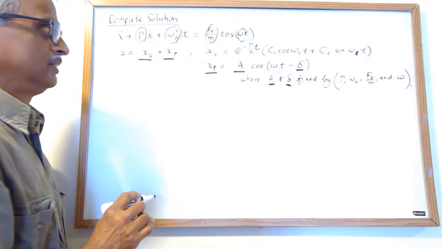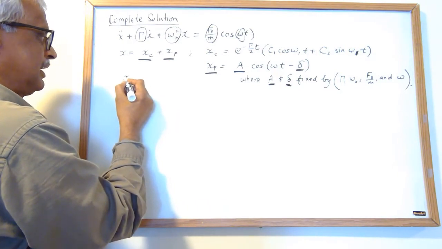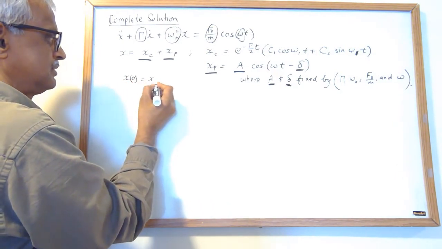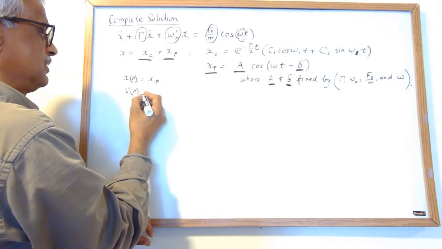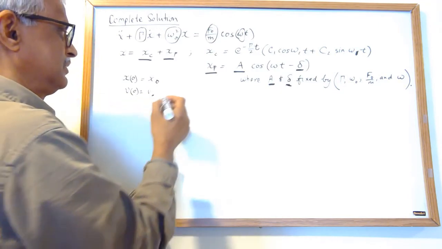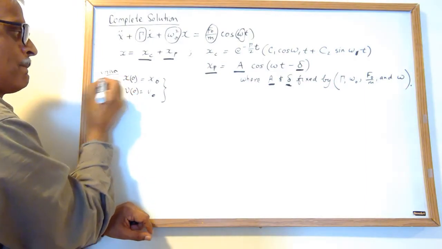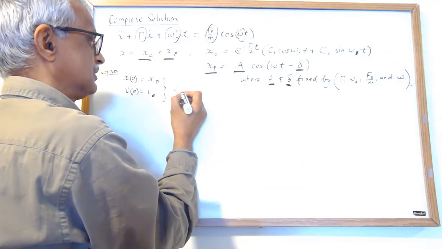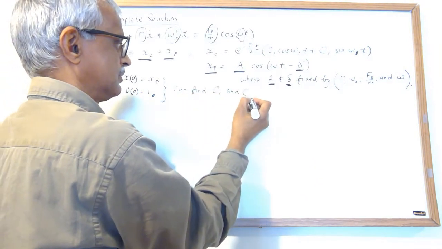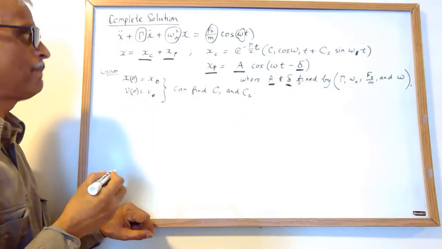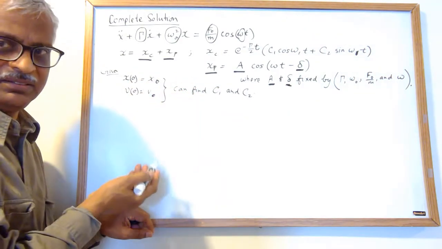So if I started the harmonic oscillator at x equals x0 and v equals v0, then given this, I can find C1 and C2 as we've done in other places. It's complicated and tedious, but it can be done.